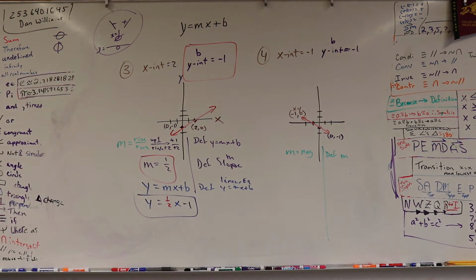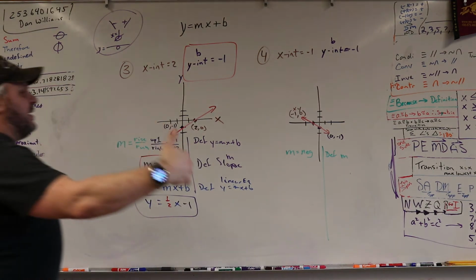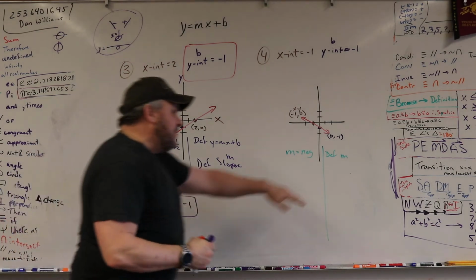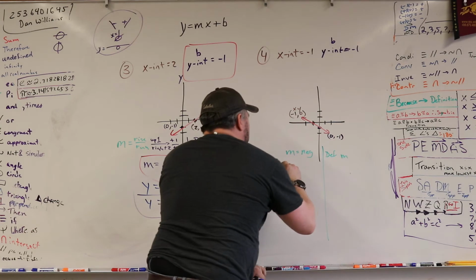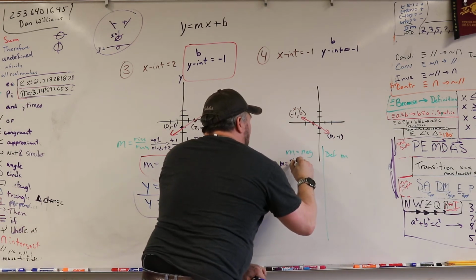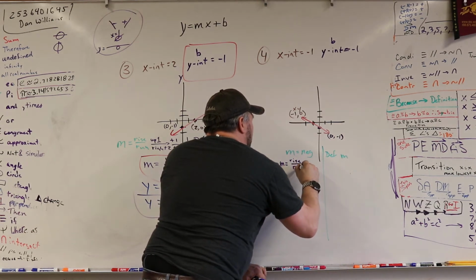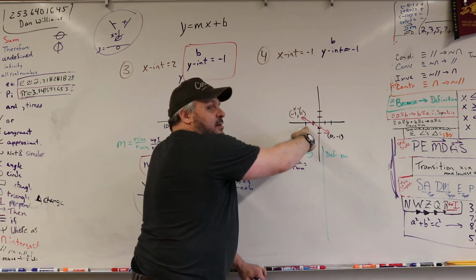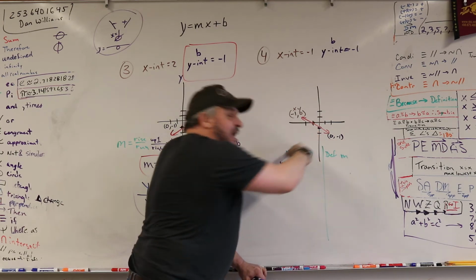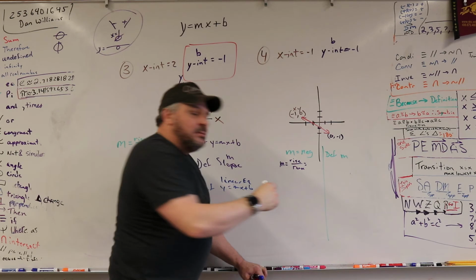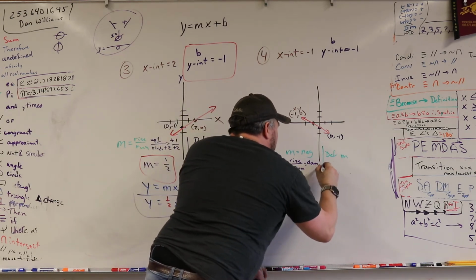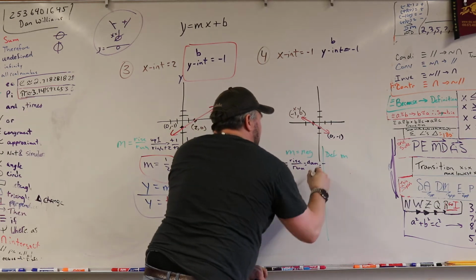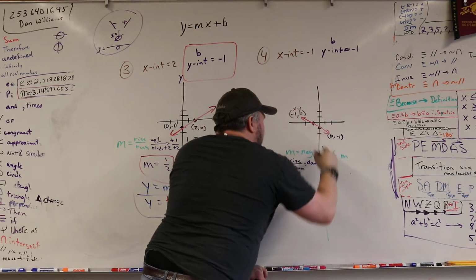What else do I know? I want to get to know what m is. Well, also by the definition of slope, I know that it is the rise over the run. And in this case, the rise is negative because I'm going down. So if I'm going down, then that is negative. And I'm going down 1.